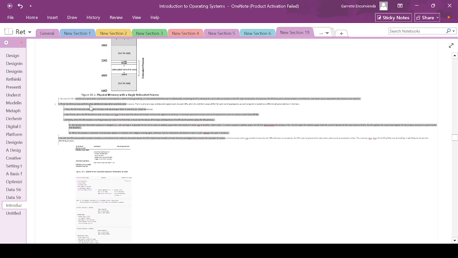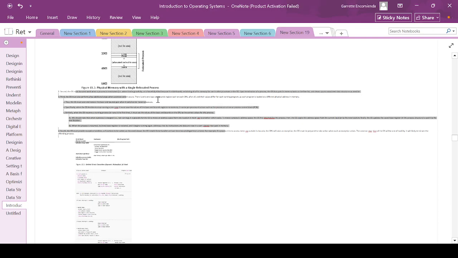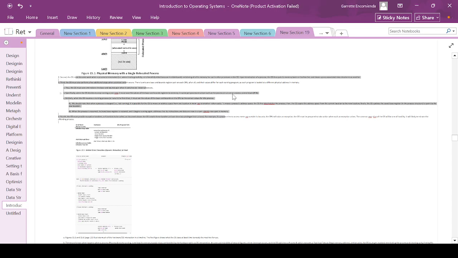This is where it gets the free space and allocates it to another process, reclaiming all of its memory for use by other processes or the OS. So that's the second responsibility of the OS.